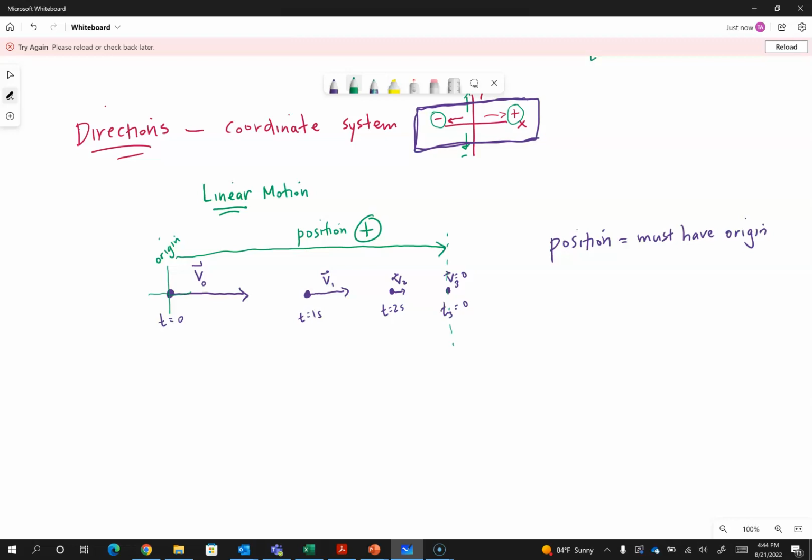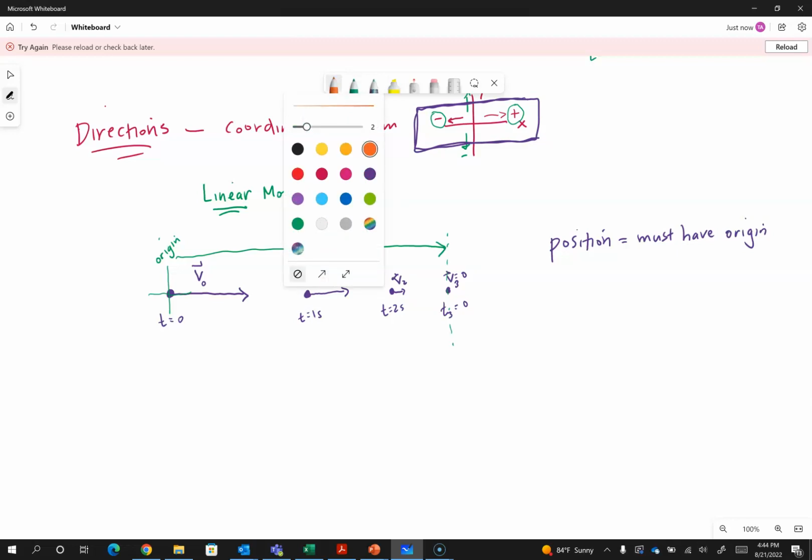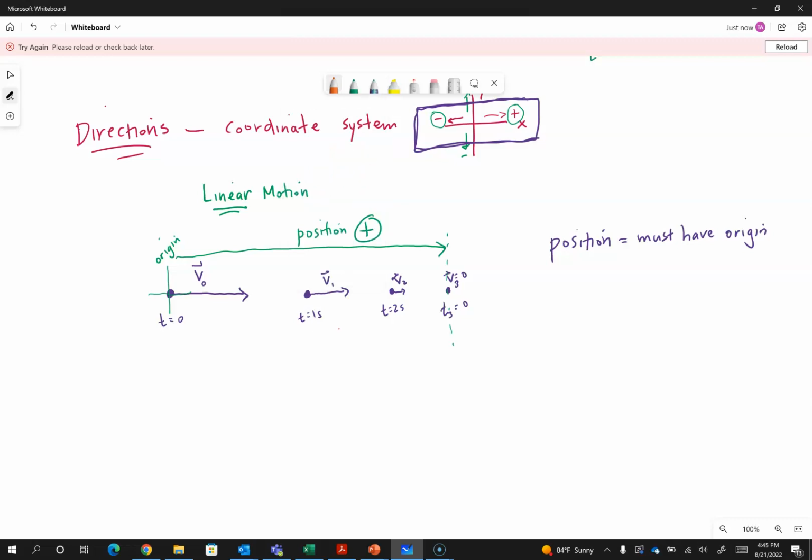As we go through and solve problems, it turns out we can choose our origin, or in a problem, it's quite possible that the author gives us a picture saying, hey, you know what, let's say the origin's right here.